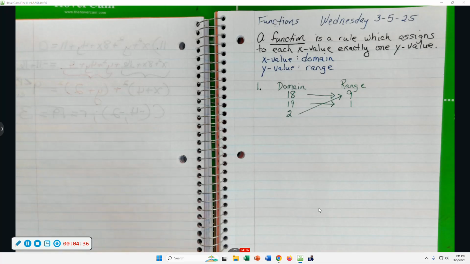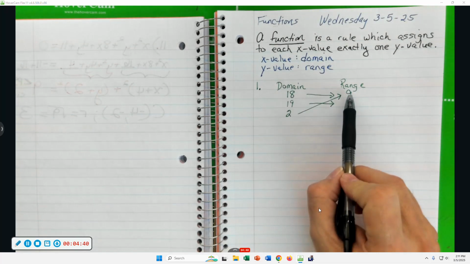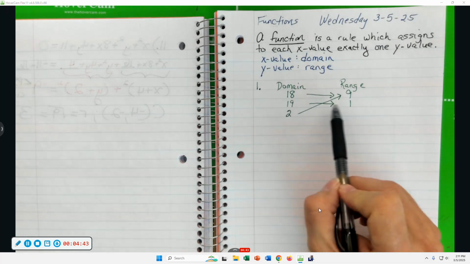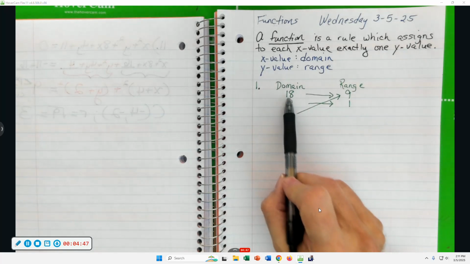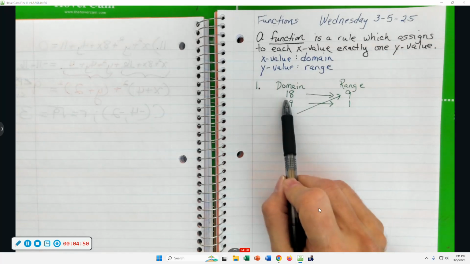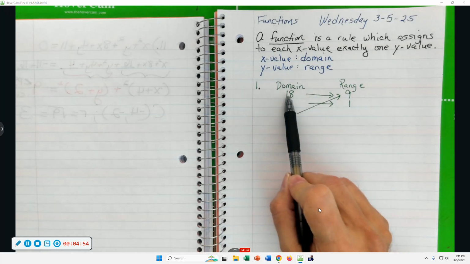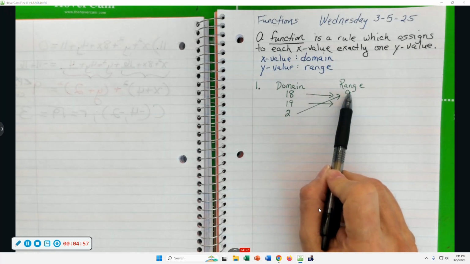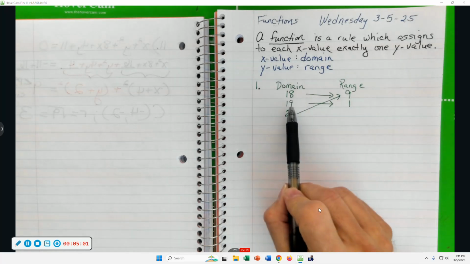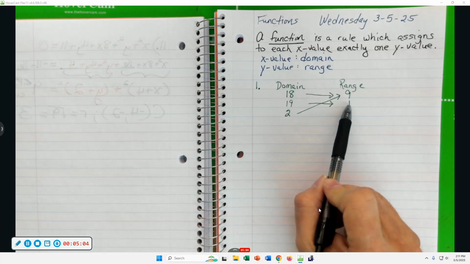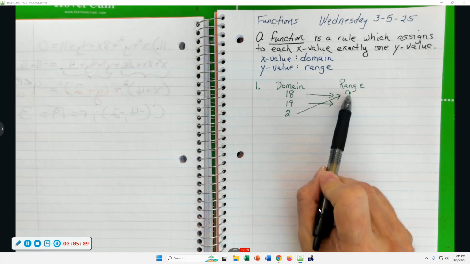Is each one of these x values being assigned exactly 1, or 1 and only 1, not 2 or 3, just 1 y value? How many y values are being paired with 18? 18 is going just to 9, I think just 1. 18 is being assigned one y value, 19 is being assigned one y value, 2 is being assigned one y value.